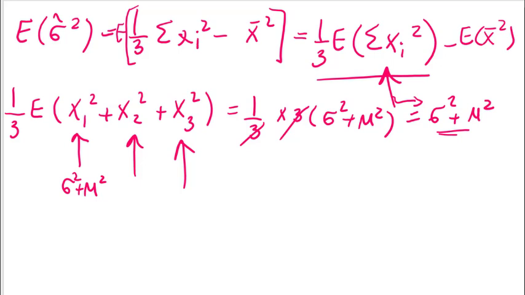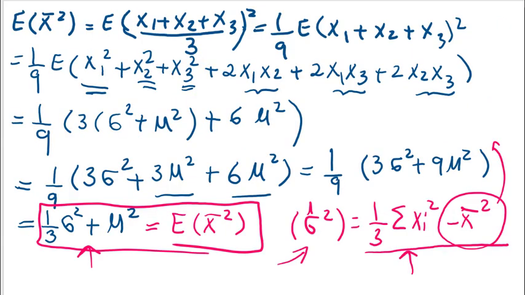So expectation of sigma hat squared would be equal to 1 over 3 expectation of sum of xi squared, which is sigma squared plus mu squared, minus expectation of x bar squared. We got expectation of x bar squared as 1 over 3 sigma squared plus mu squared.